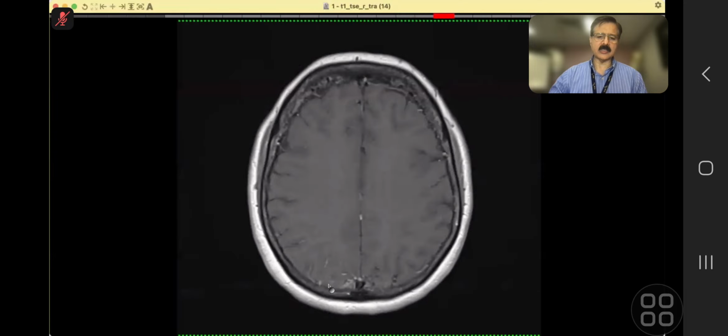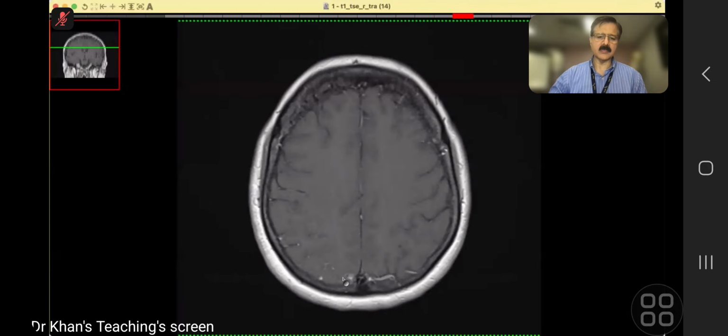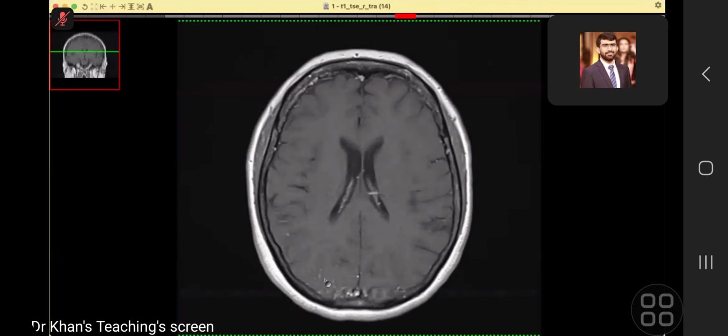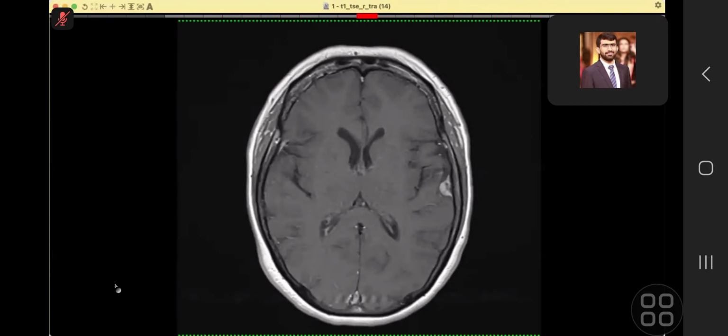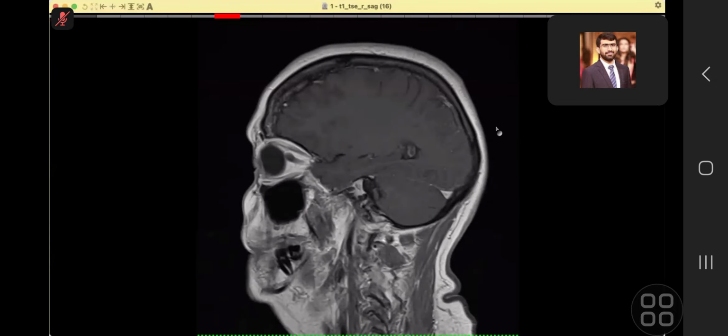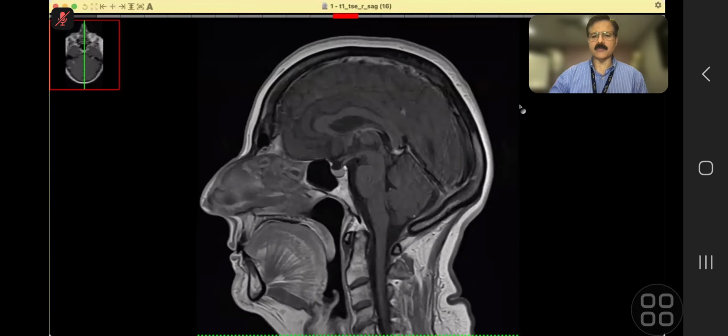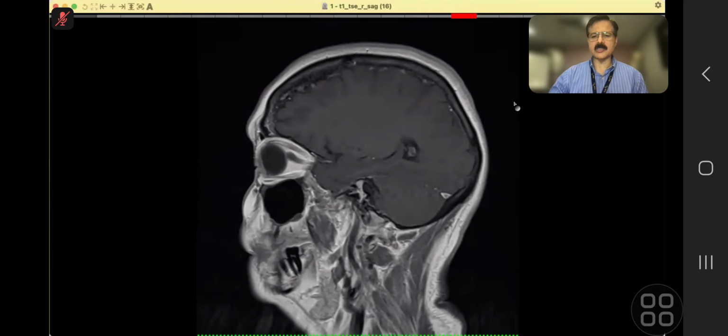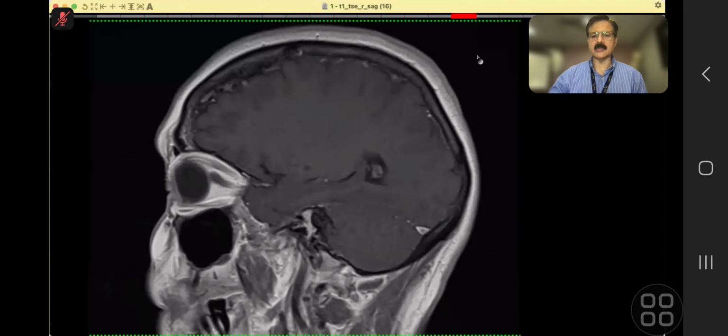Is there leptomeningeal enhancement? Compare this with this. Sir, yes, there is prominence of leptomeninges. Now, if you want to be more convinced, look at this sagittal.